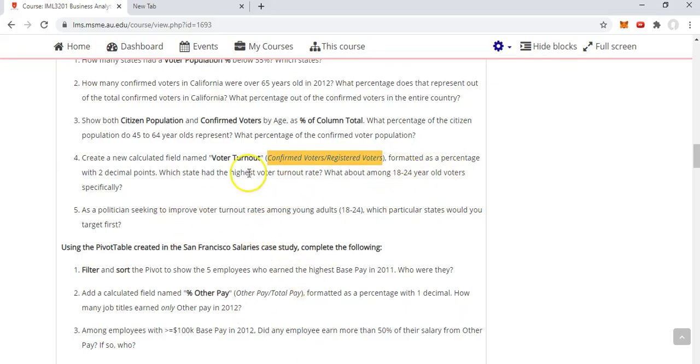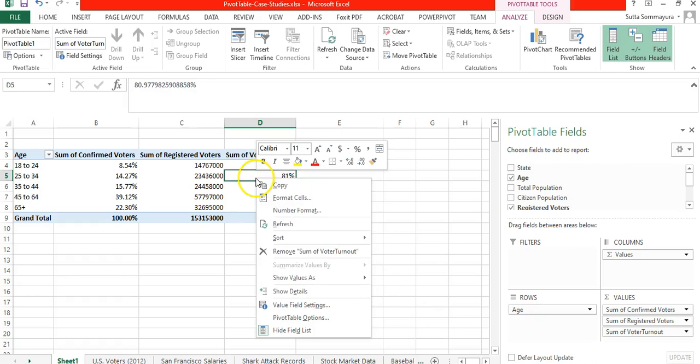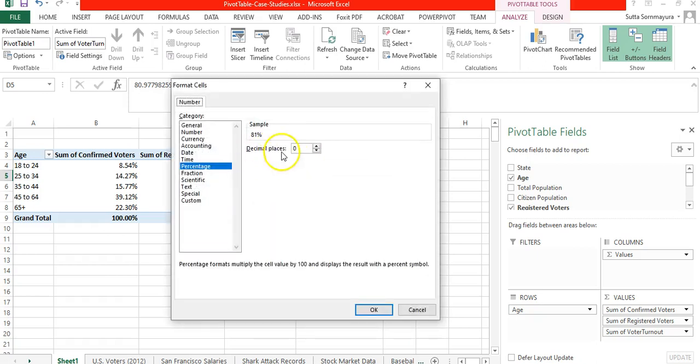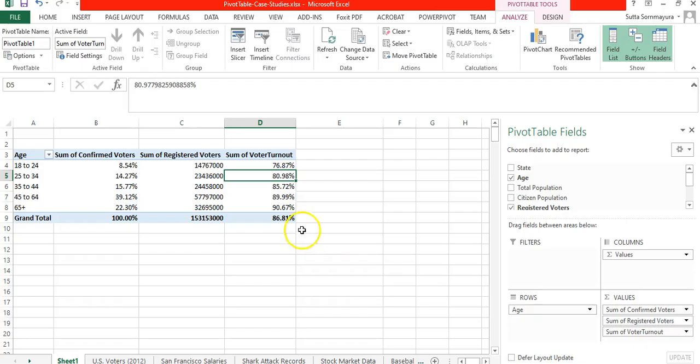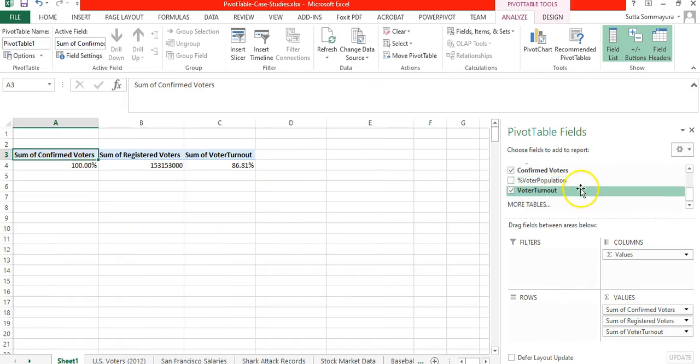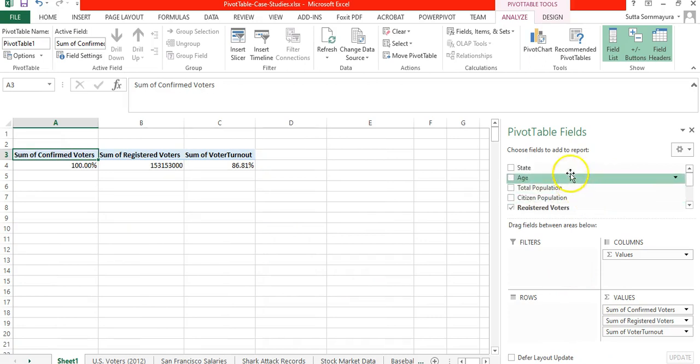The next question asks to format as percentage with 2 decimal points. Sorry, so you have to use this 2 decimal. That's okay. And then which state has the highest voter turnout rate? Okay, we want to know what state, right? We take age out and we take state in.